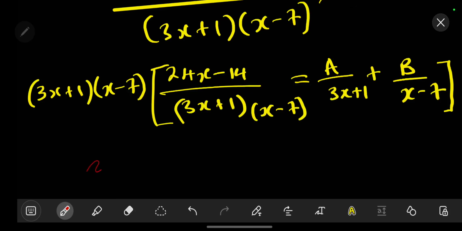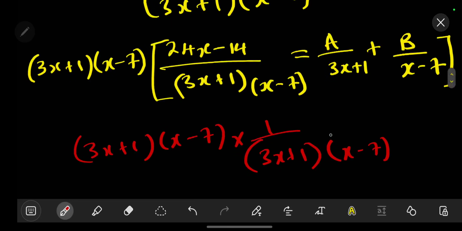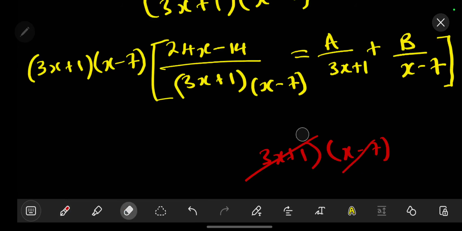This is the same as having 3x plus 1 times, whatever number is here, but let's just put 1, just for the sake of understanding, 3x plus 1 times x minus 7. You will find that this term cancels with that term, and this term cancels with that term.